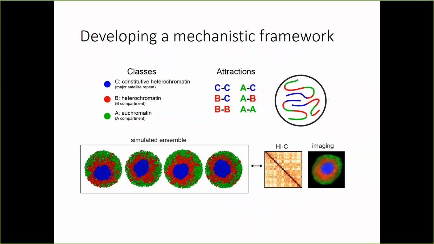The way we're going to study this general framework is, for every value of these attractions, we're going to simulate a bunch of these polymers using molecular dynamics. We're going to generate a large ensemble of configurations that a particular model adopts, and then we're going to compare that ensemble to experimental Hi-C and imaging.